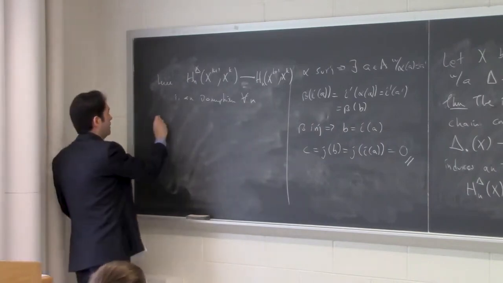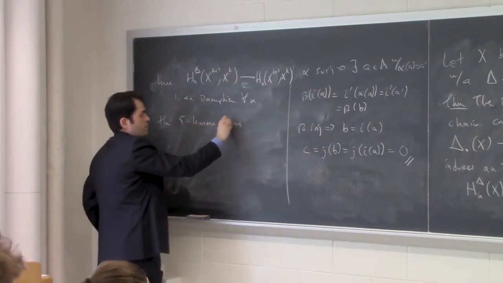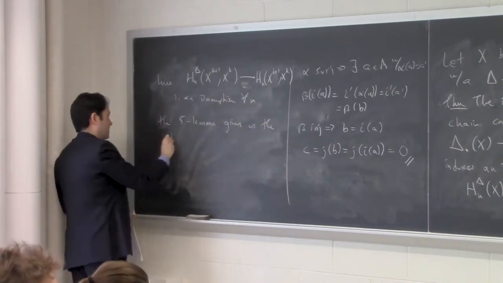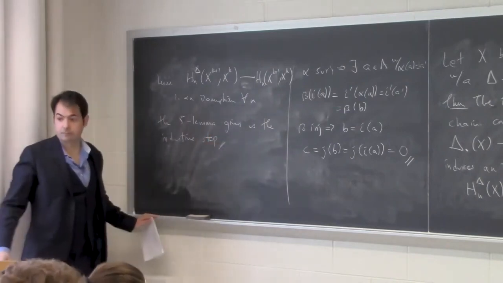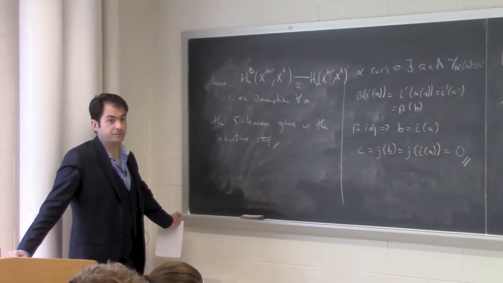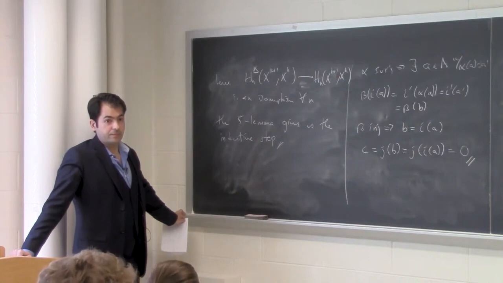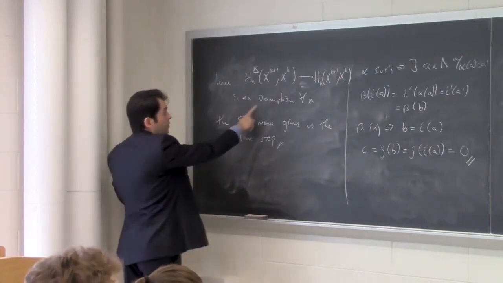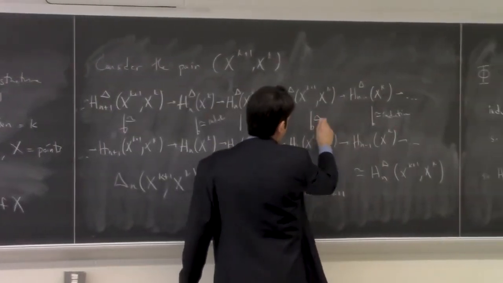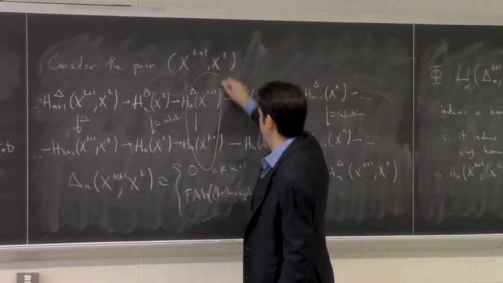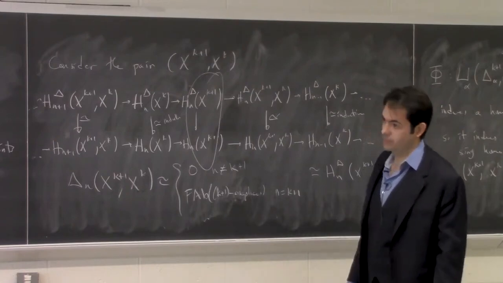Then by the 5 lemma, it gives us the inductive step. Once we know that this is always an isomorphism, then this is an isomorphism, and this is an isomorphism, and so by the 5 lemma, this is an isomorphism.